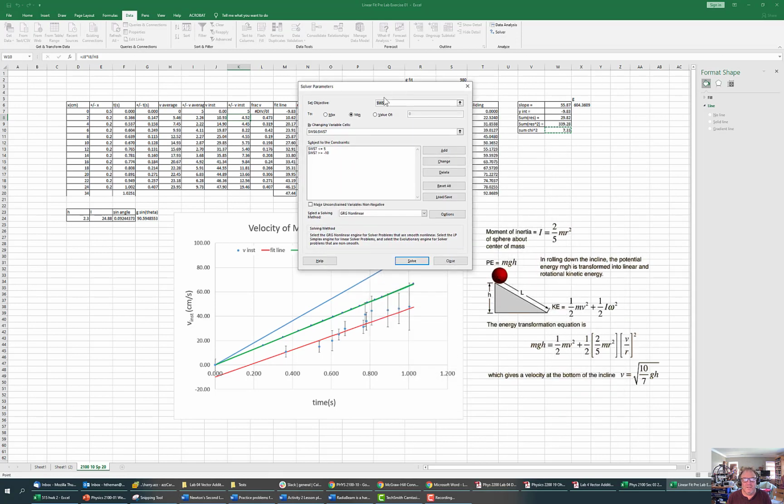Just like us, it's going to minimize the sum of the chi-square by varying the slope and the y-intercept. I discovered I had to place restrictions on the y-intercept. The computer just went into la la land, as they say. In the world of fitting, we say it stepped into a bucket.